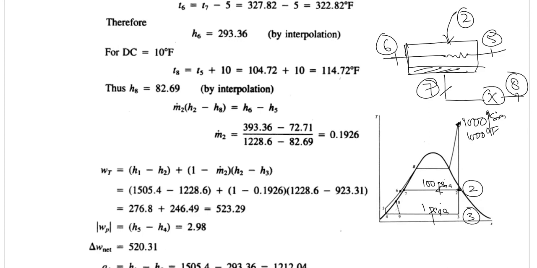Now what is actually terminal temperature difference? Ideally, the heat transferred from 2 to 7 should be gained by 5 to 6.